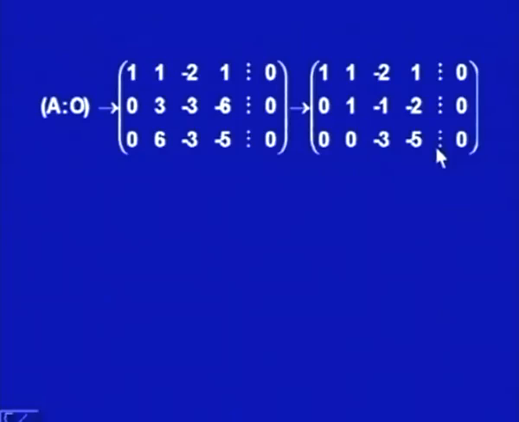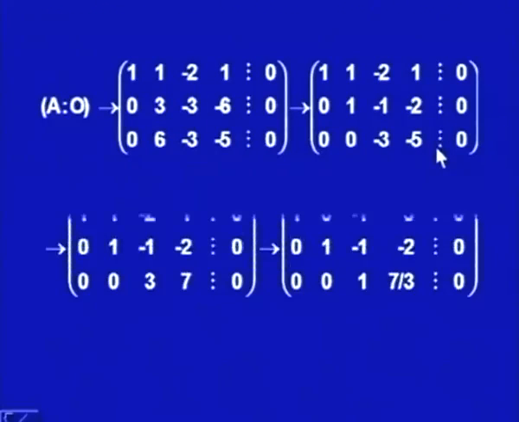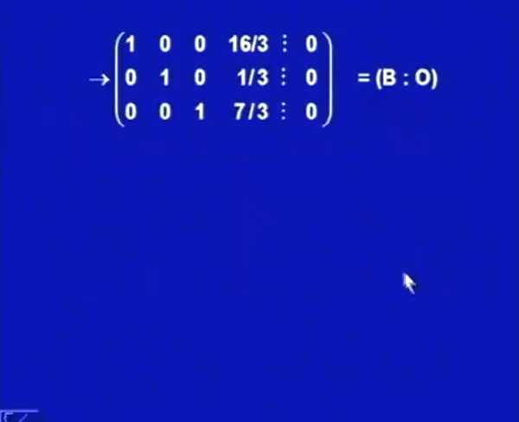So, we have this reduced form. Further, when we apply more linear transformations, from here we can go to this matrix, from here to this matrix, and finally we will have this matrix. So, we have now the B matrix, consisting of the identity matrix and these elements.